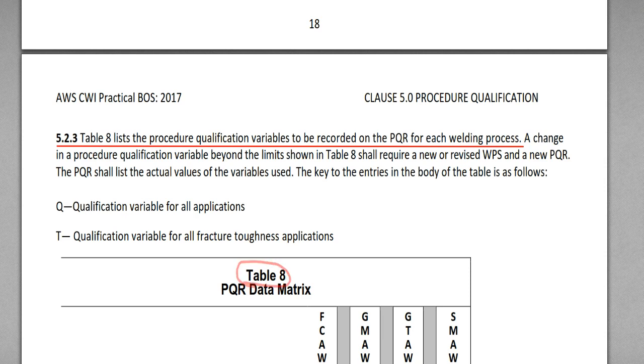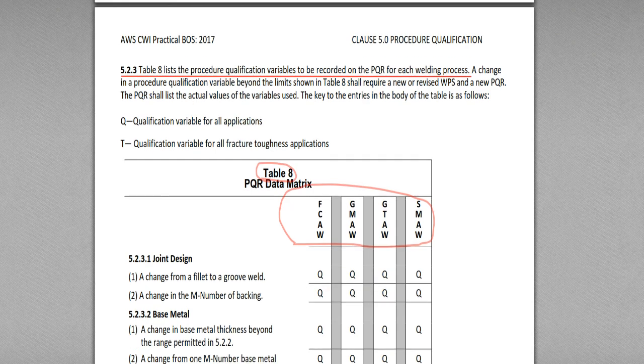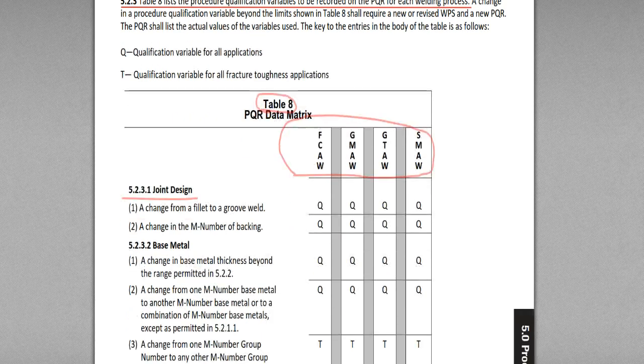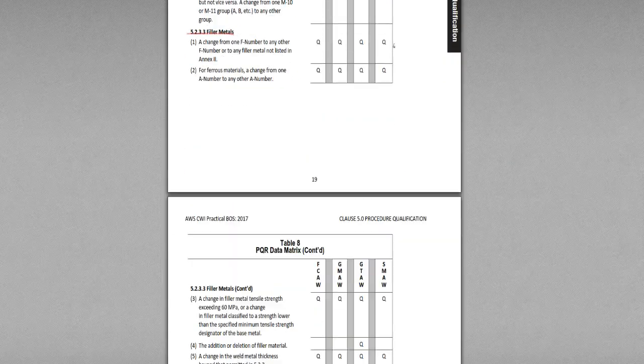So Table 8 specifies each welding process, like FCAW, GMAW, GTAW, SMAW, and like before, the WPS variable list: joint design, base metal, filler metal, and so on.